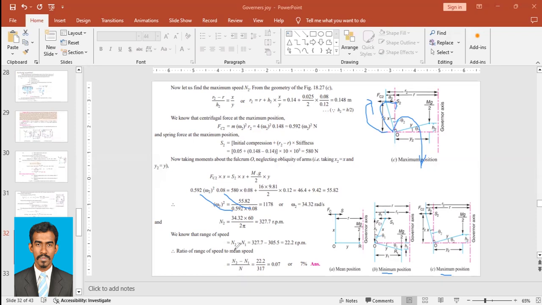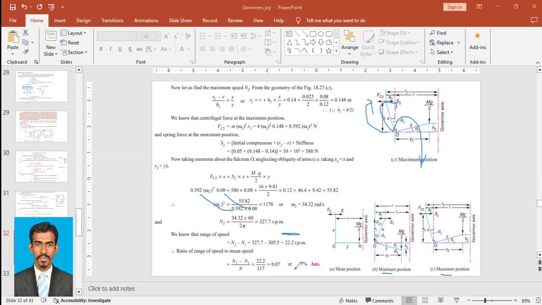And now the ratio of range of speed to the mean speed. The question asked us to find this ratio of range of speed and the mean speed. The mean speed we have already found as 317. So N2 minus N1, that is the range, 22.2 RPM, over the mean speed 317. So 22.2 by 317 is equal to 0.0707, that is 7%.